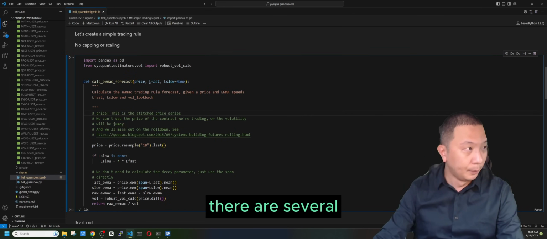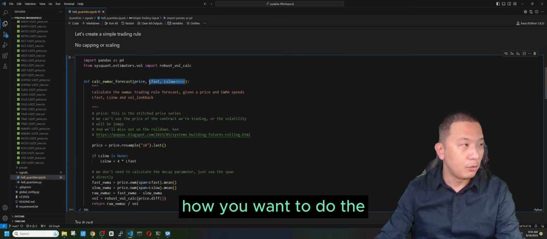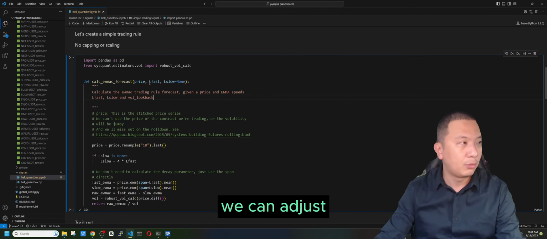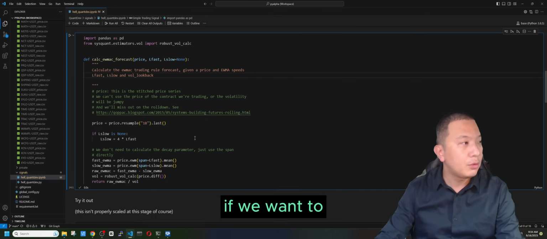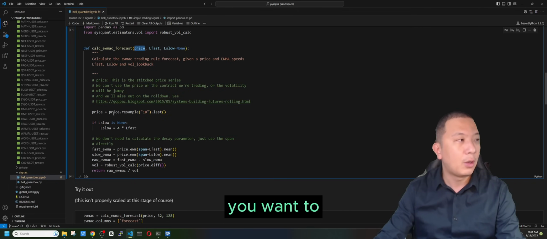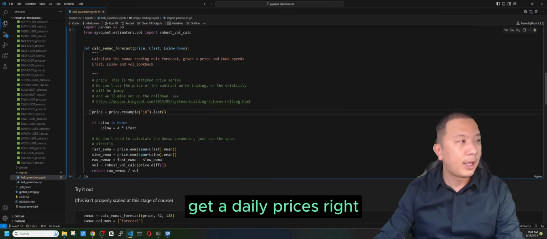There are several parameters to control how you want to do the moving average, right? Those parameters we can adjust if we want to. What it does here is really simple. Passing in the price, let's say the Bitcoin price, we first do a resampling, which means converting this price into daily frequency, right? Here we are getting daily prices.